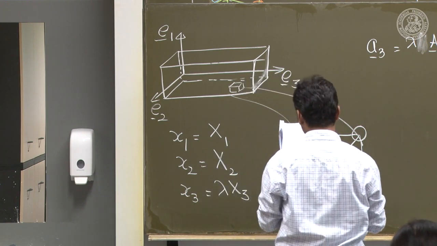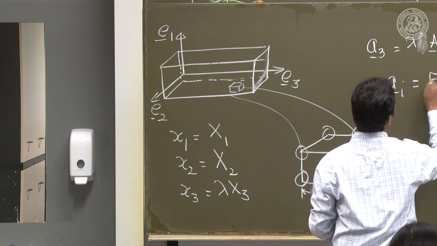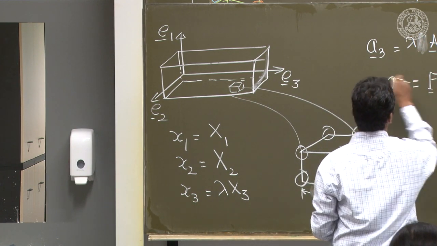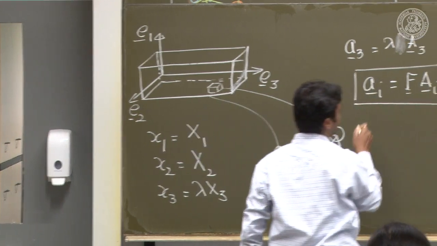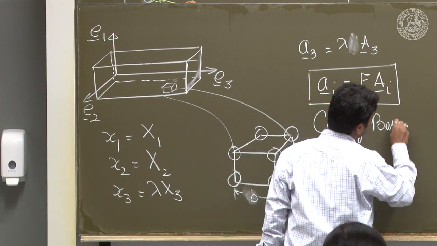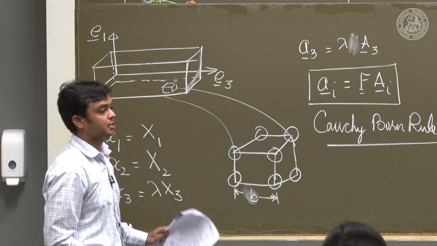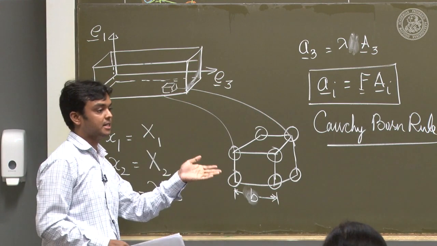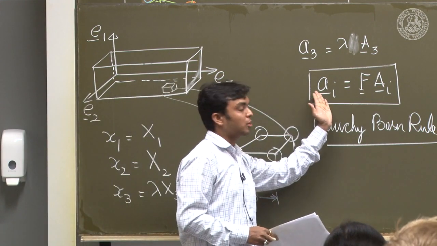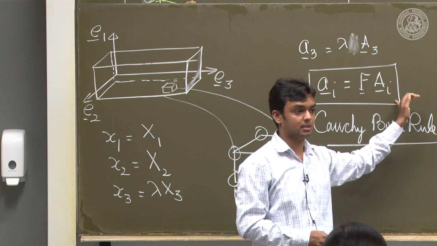So this map, Ai equals F times Ai, is valid here, and it is called the Cauchy-Born rule, which relates the deformed lattice vectors with the undeformed lattice vectors.